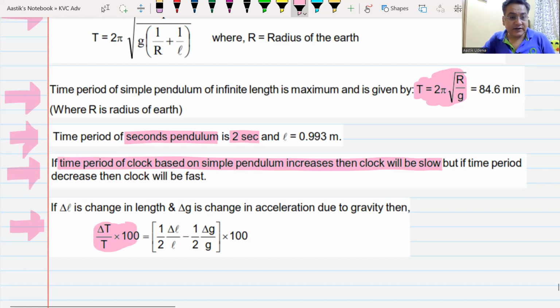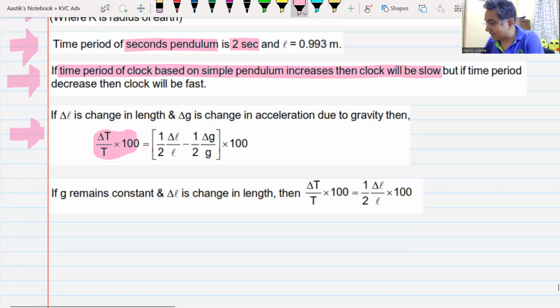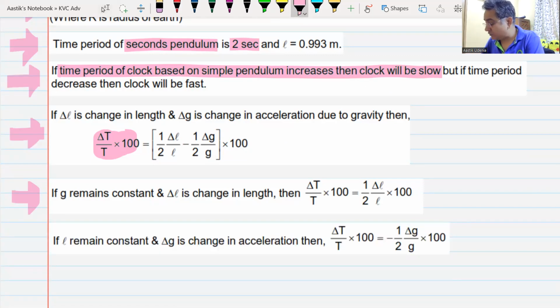If g remains constant, the change in time period is proportional to the change in length by original length, and if length remains constant, the formula starts to look like this. All these are questions that are going to arrive in your exam. I hope you understand the severity of this session.